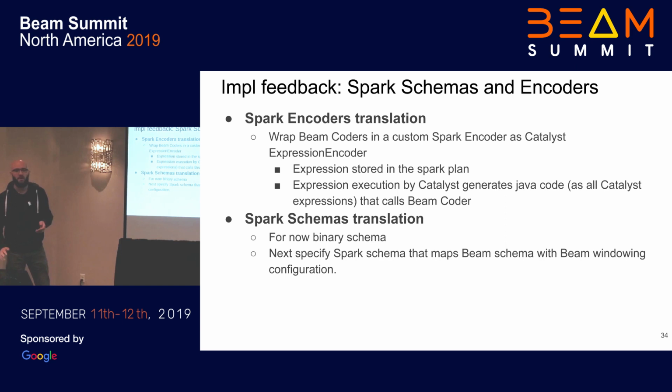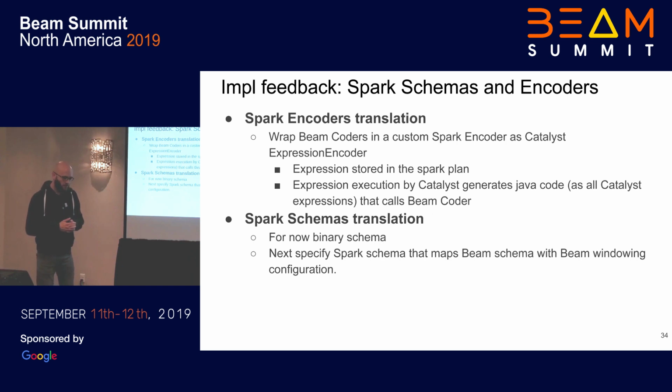So how do we link them? For encoders and coders, actually we had to wrap Beam coders into Spark encoders so that Spark could leverage Beam coders and call the user-specified code.